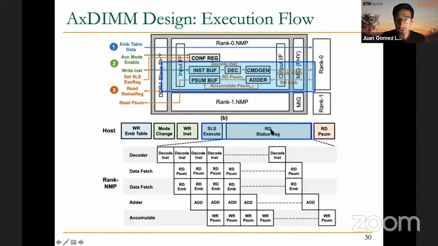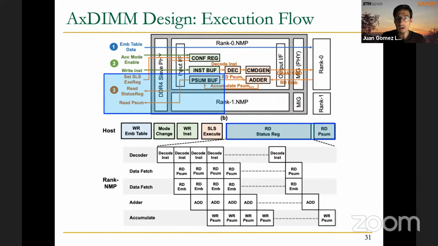The way to do that is to check this status register. The status register is also in the configuration register, and it's accessed frequently and read by the host CPU to see if the computation finished or not.